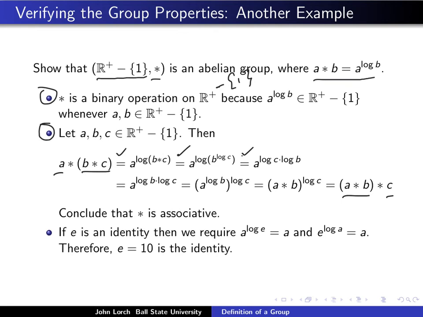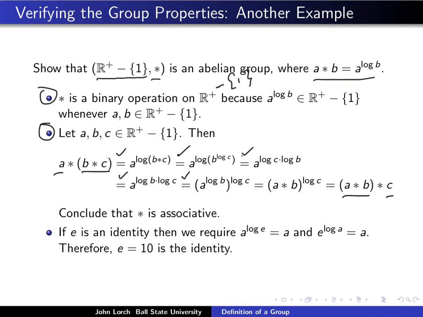Now, in going from this step to this step, we're really not doing anything except applying the commutativity of multiplication of real numbers. Now, in this next step, we're applying a property of exponents. If you take a to the m times n, that's the same as a to the m to the n.